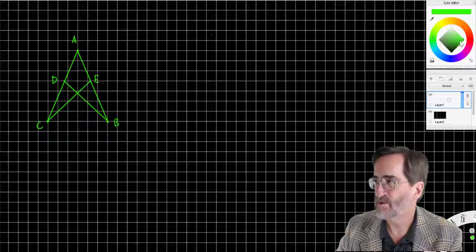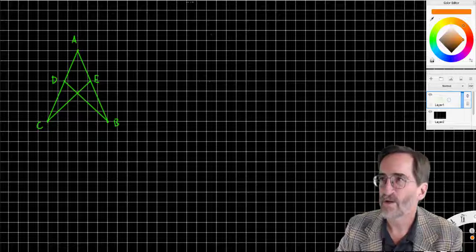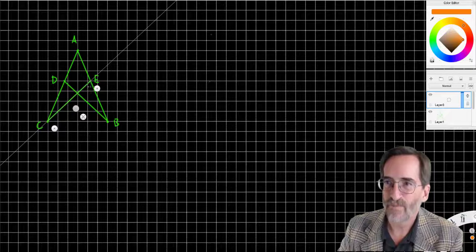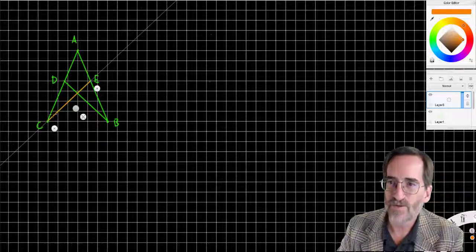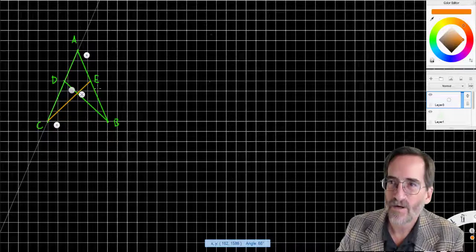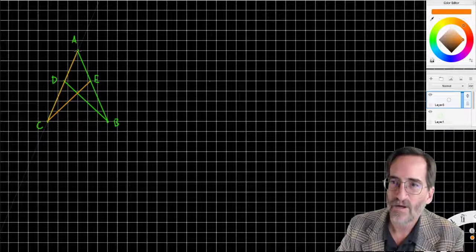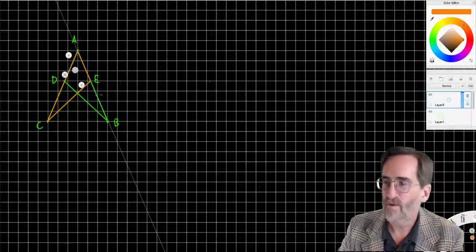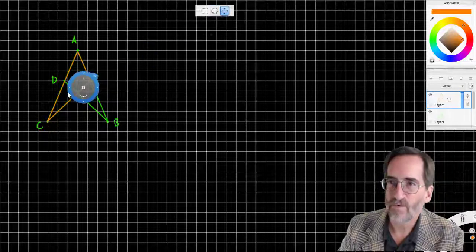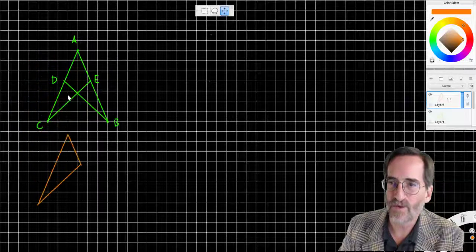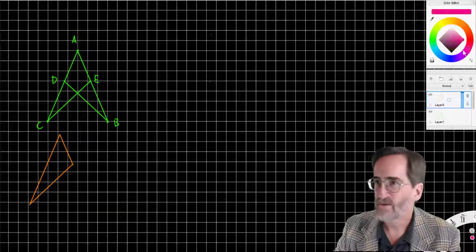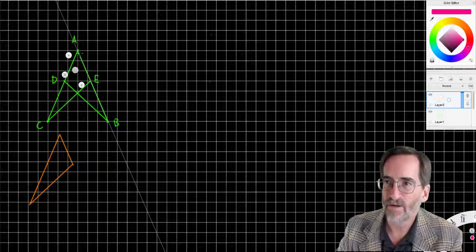Let me demonstrate here. I'm going to create a new layer and draw a triangle over top. So we've got this triangle right here, and let's move that off to the side. And we've got this other triangle right here.